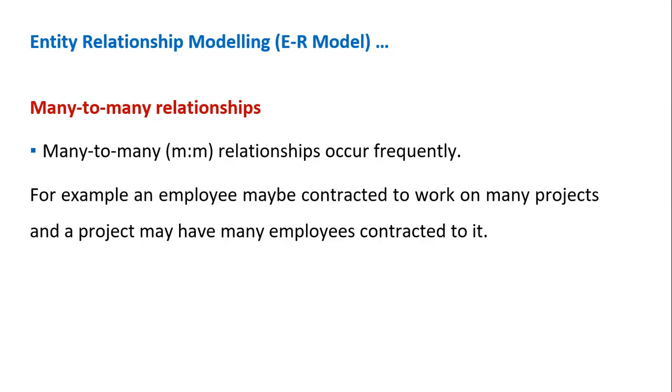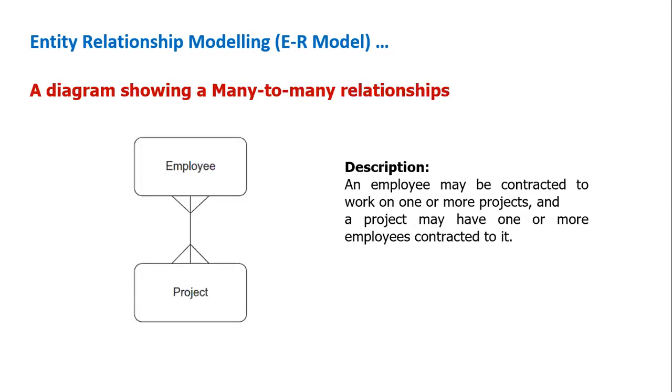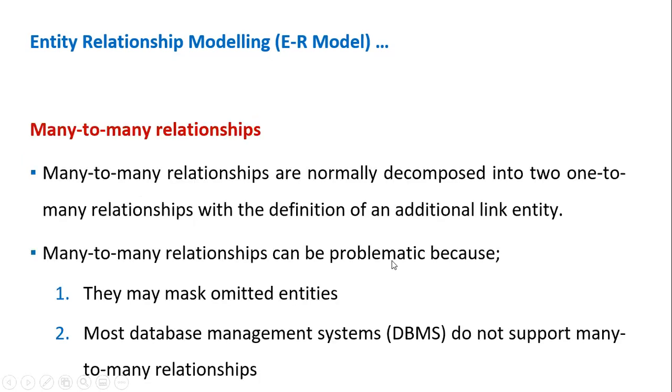So it is a many-to-many relationship. An employee may be contracted to work on one or more projects, and a project may have one or more employees contracted to it. That is a many-to-many relationship, which is also further explained here.